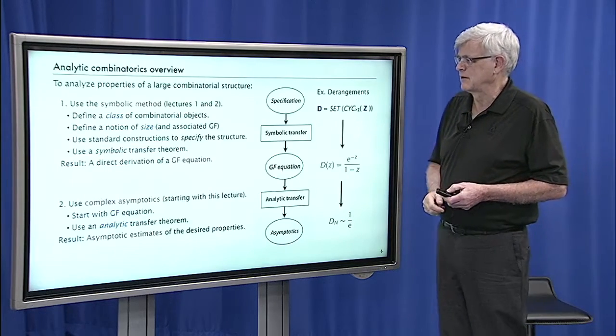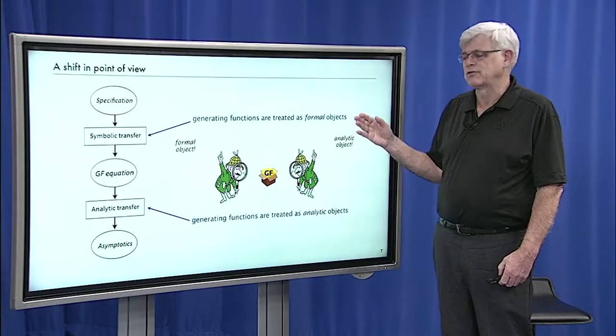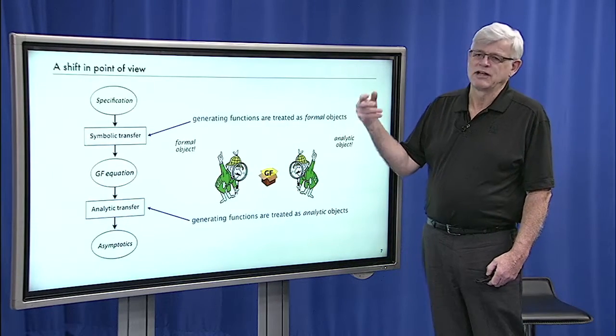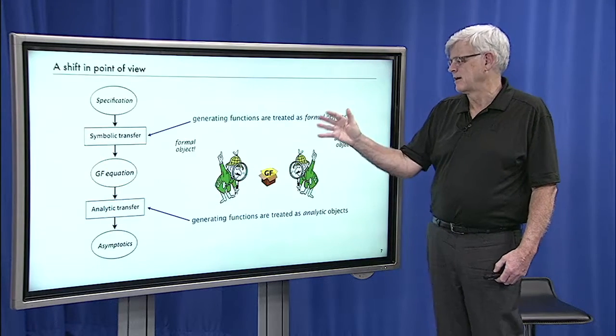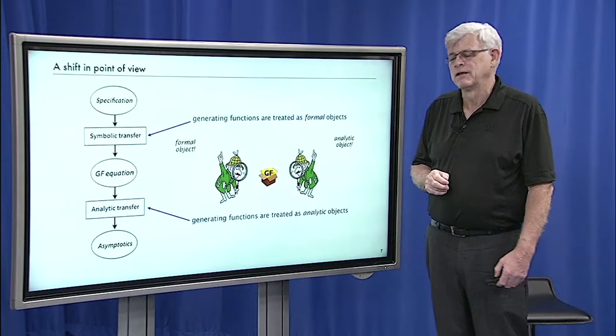So that's our overview. This really represents a profound shift in the point of view. In the first part of the course, we were treating generating functions as formal objects. It was all about symbolic manipulations to have some kind of formal relationship between the specification and the generating function that led us to the generating function equation.